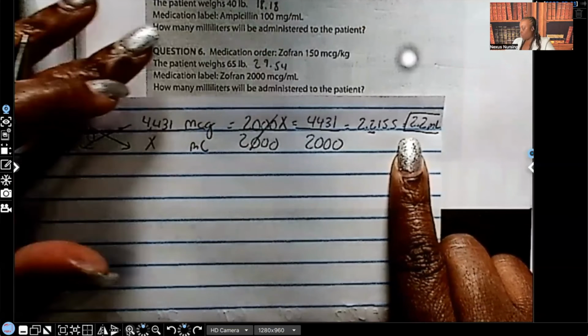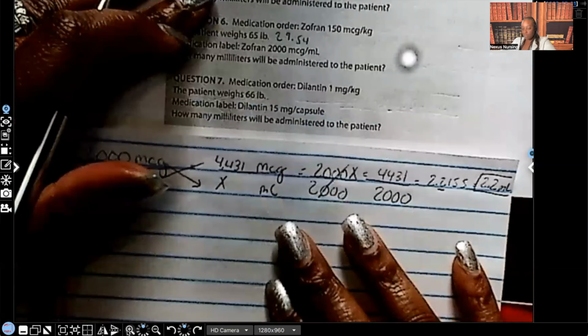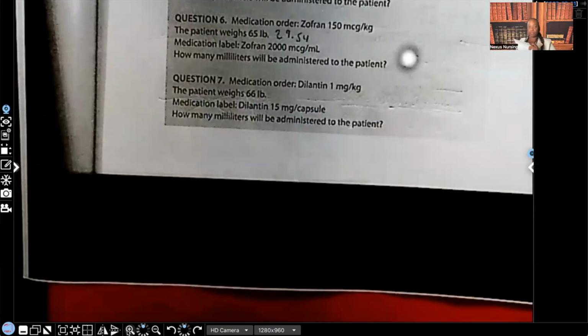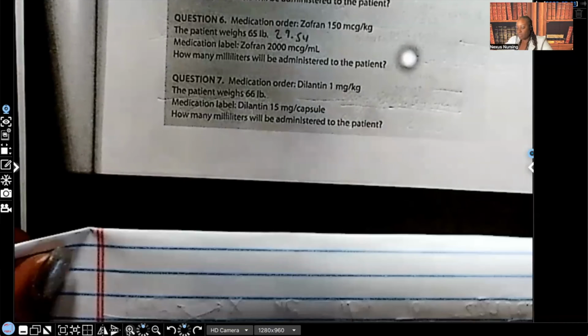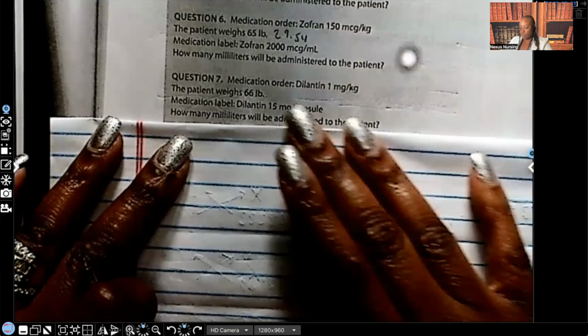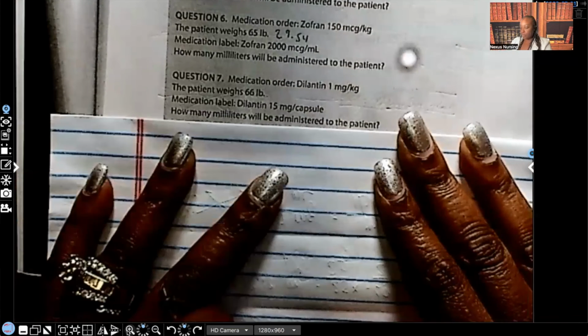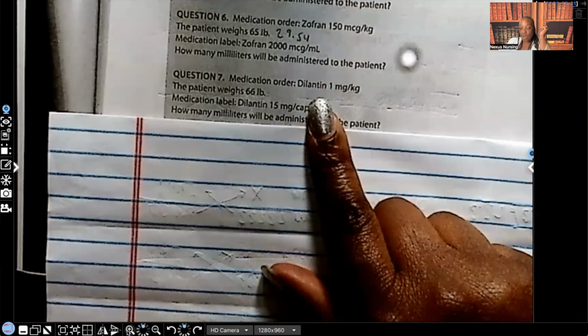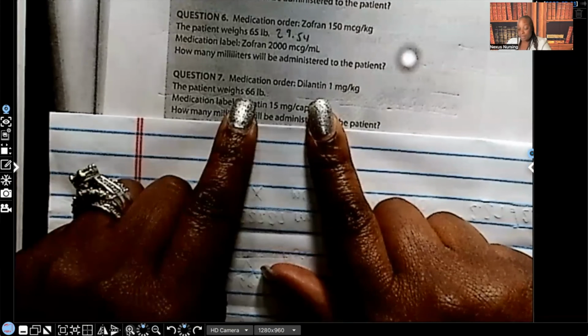All right, guys, one more problem. Number 7, this is our last problem. Dilantin 100 milligrams per kilogram, that's what's ordered. Patient weighs 66 pounds.